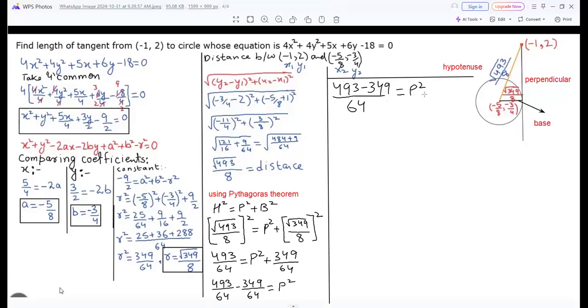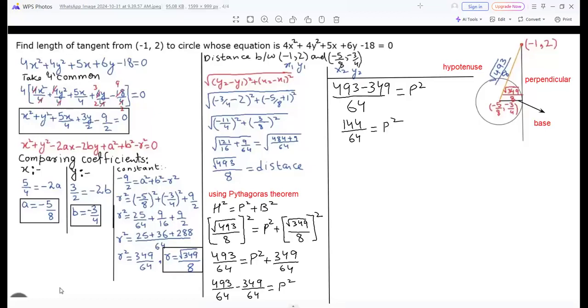When I do the subtraction, let me just write it over here. This will be 493 minus 349. The result is going to be 144 over 64 equals p square.